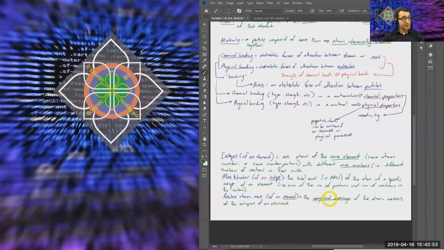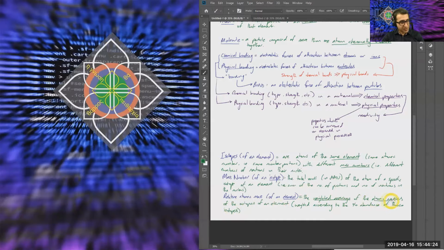Now, in this case, the average of the atomic masses of the isotopes of a particular element are weighted (put in brackets, weighted) according to the percentage abundance of those isotopes.